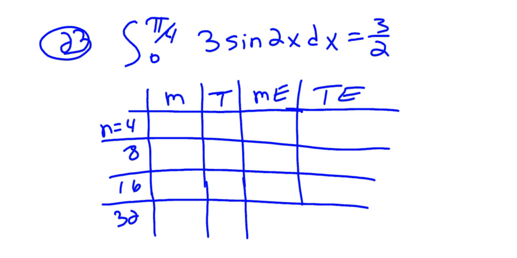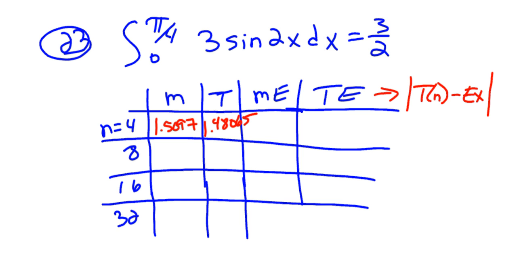First, for this one example, using my program, I had that for my midpoints. Using the trapezoidal rule, I had 1.408, and I can't read my writing, something like that. So when you go to do the errors, remember for this one, we're going to use T minus the exact.